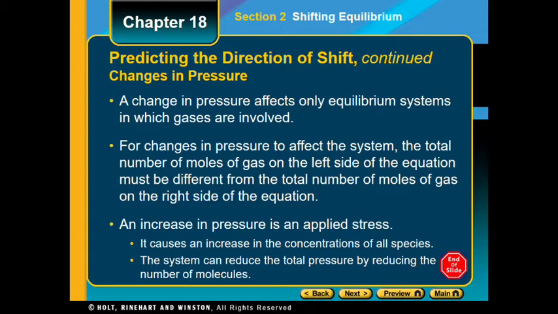And an increase in pressure is an applied stress, an increase in the concentration of all species. If you increase the pressure in the system, it can reduce the total pressure by reducing the number of molecules. That last part is also important. It just describes a little further what I was pointing out in the previous video.